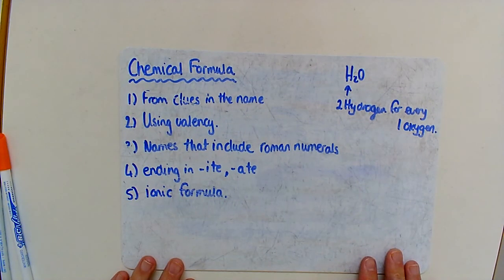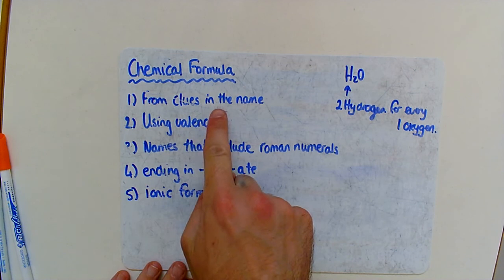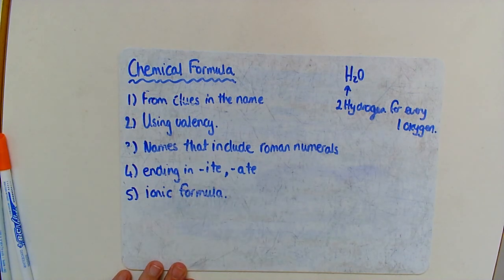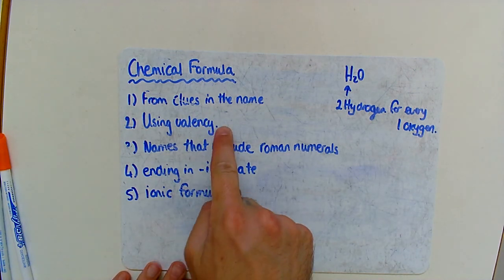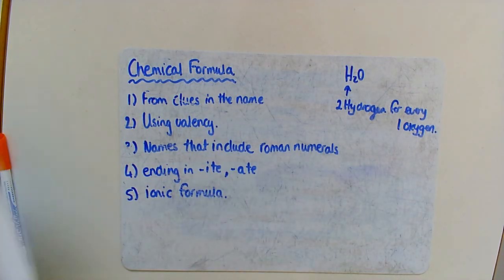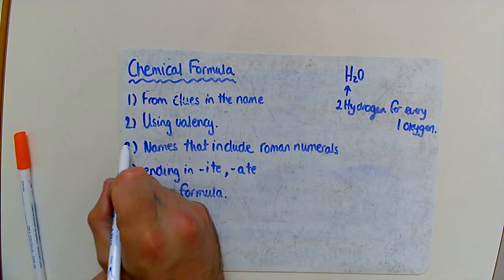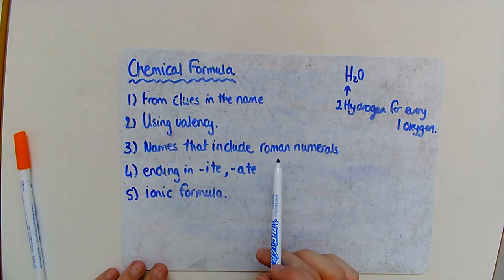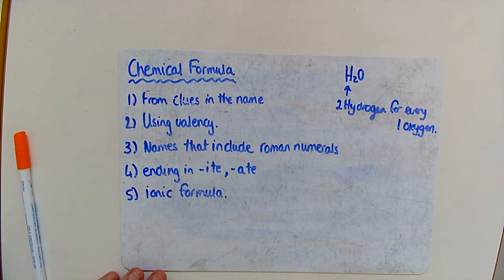So what we've done today in this lesson is we've looked at writing chemical formulas if there's a clue in the name. Then we've looked at using valency from page 6 in the data booklet. And then we looked at transition metals where they use Roman numerals in the end.